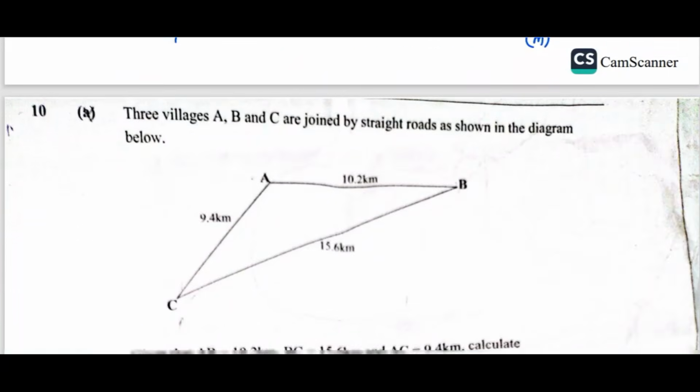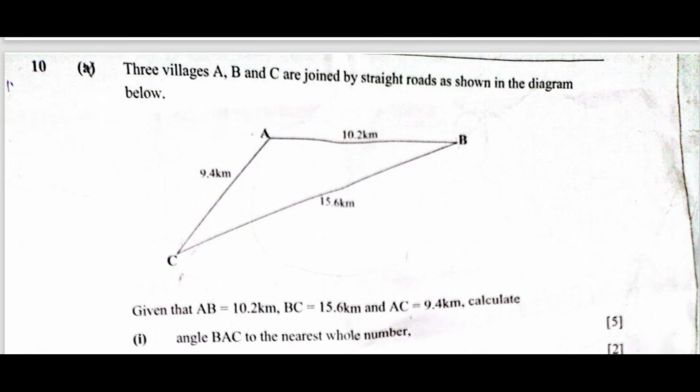Let's look at question 10. Now for question 10, 3 villages A, B and C are joined by straight roads as shown in the diagram below. So we have been given all the 3 distances. Given that AB is equal to 10.2 kilometers, BC 15.6 kilometers, AC is equal to 9.4 kilometers, calculate angle BAC to the nearest whole number.